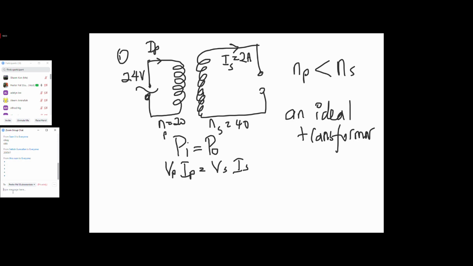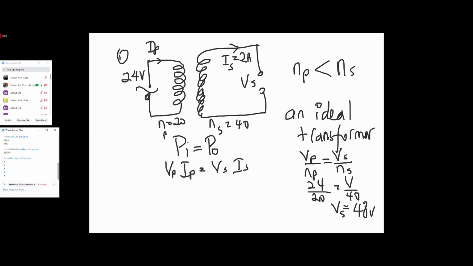But before that, we have to find the output voltage. So we know the formula Vp over Np equals Vs over Ns. Primary voltage 24, primary turns 20. Secondary voltage, do not know. Secondary turns 40. So the secondary voltage is 48.